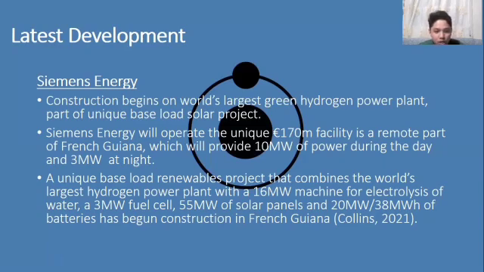A unique baseload renewable project that combines the world's largest hydrogen power plant with a 16 megawatt machine for electrolysis of water, a 3 megawatt fuel cell, 55 megawatts of solar panels, and 20 to 38 megawatts of batteries has begun construction in French Guiana.